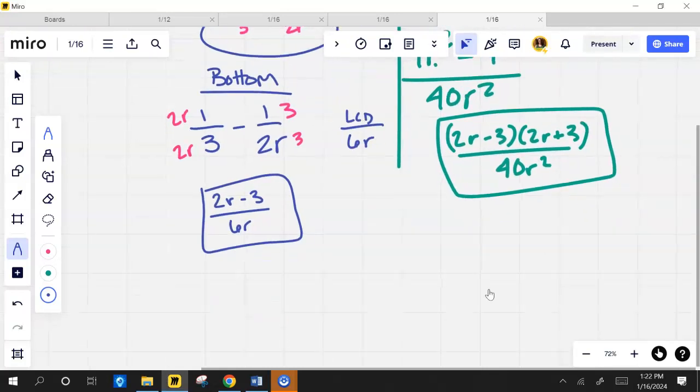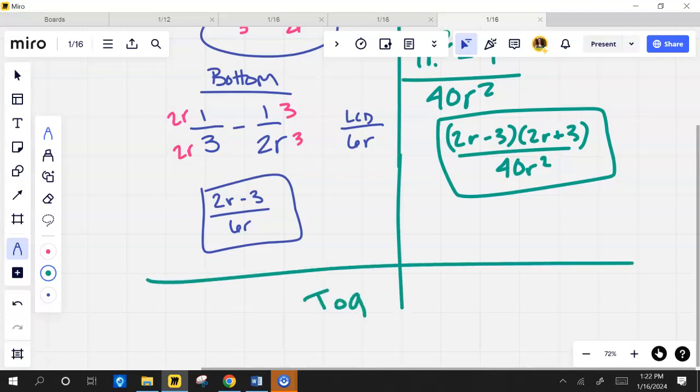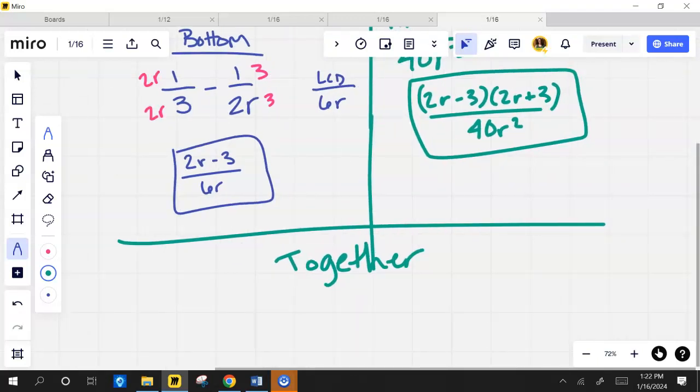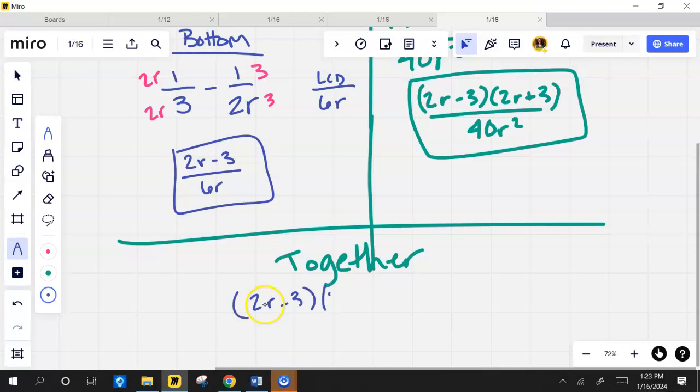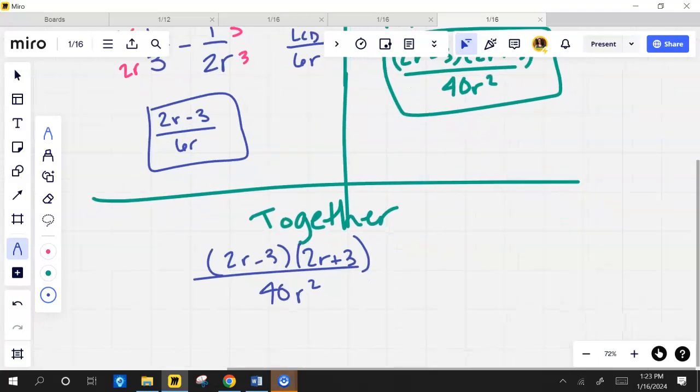Now I do them together. I'm dividing a fraction by a fraction, so I do the top, which is 2R minus 3, 2R plus 3 over 40R squared. This is why if you've already factored and simplified everything completely, it makes life so much easier. Now times, I'm going to flip over that second fraction, and it's always multiplied.